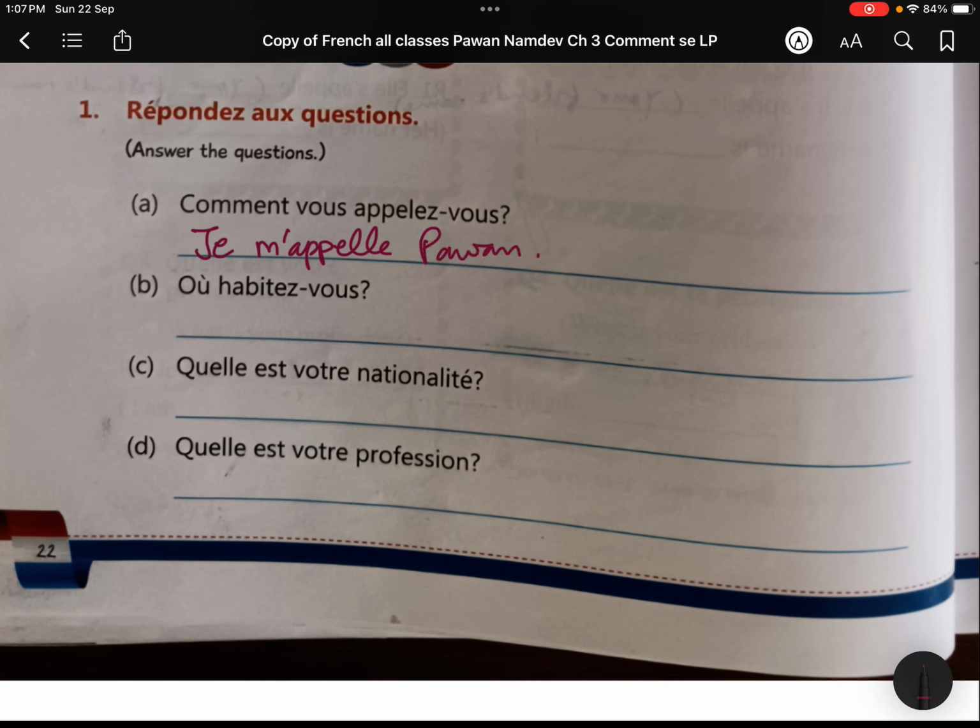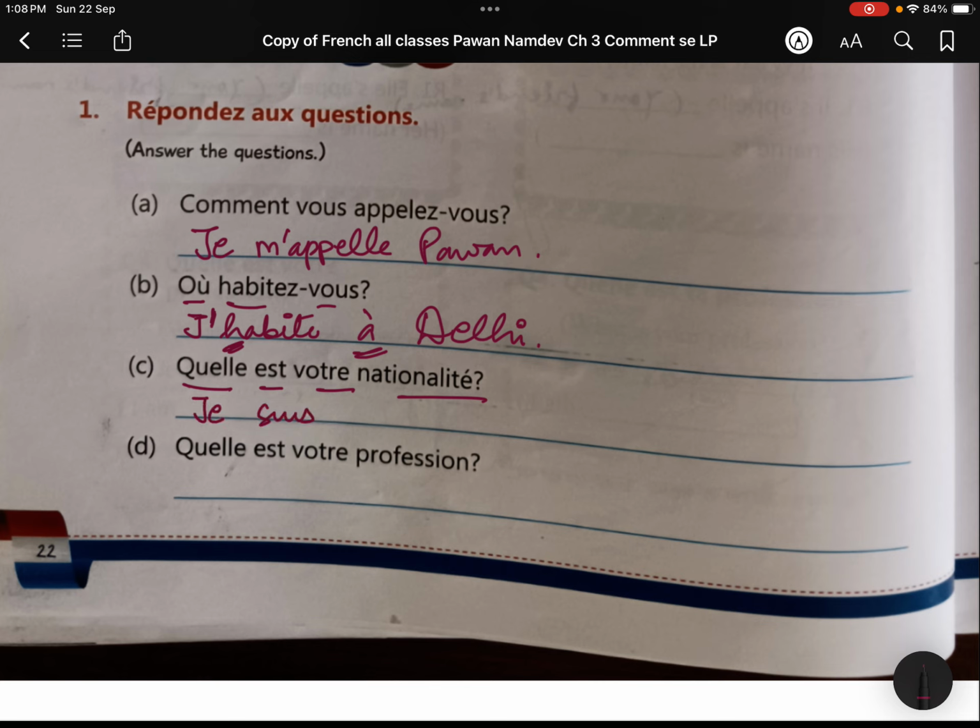Où habitez-vous? Where do you live? So now I have to use an apostrophe. Why? Because H is there. J'habite. À is the preposition used with cities. J'habite à Delhi. Quelle est votre nationalité? Which is your nationality?